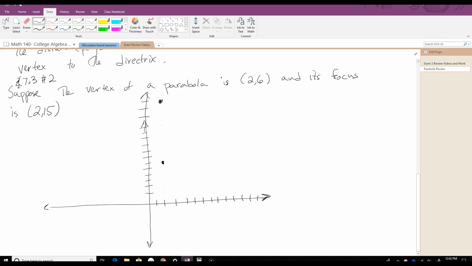So there that is. Here's my focus, and here's my vertex.